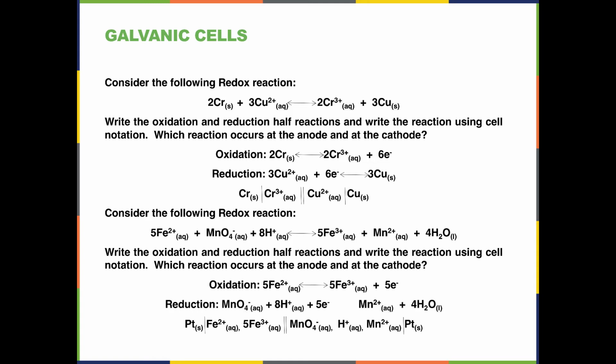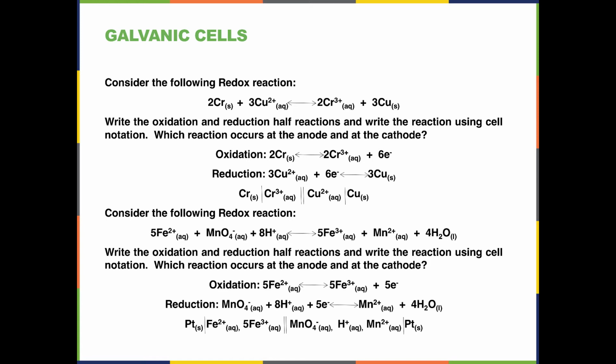At the same time, manganese gains 5 electrons to form manganese plus 2 plus 4 water molecules. Now, since the manganese and the iron, neither of those form a solid, you have to have these inert platinum electrodes in there to mediate the whole reaction.